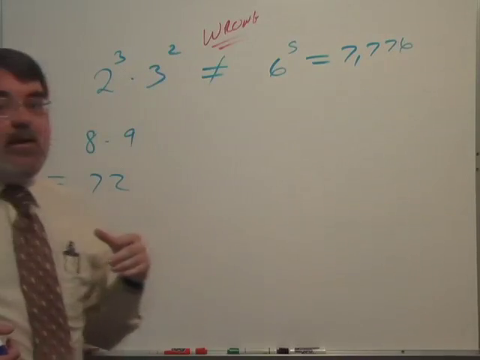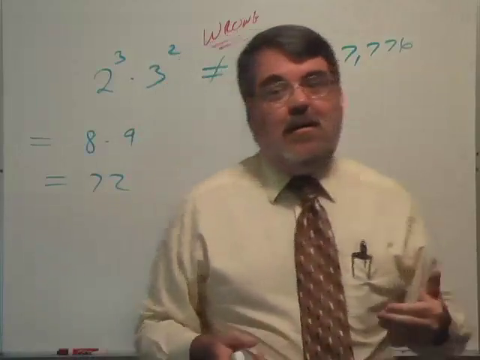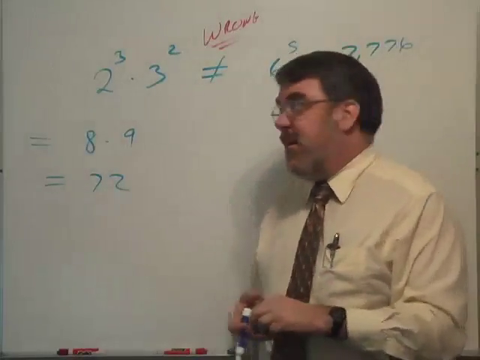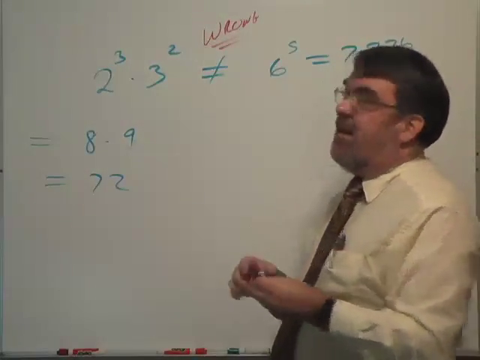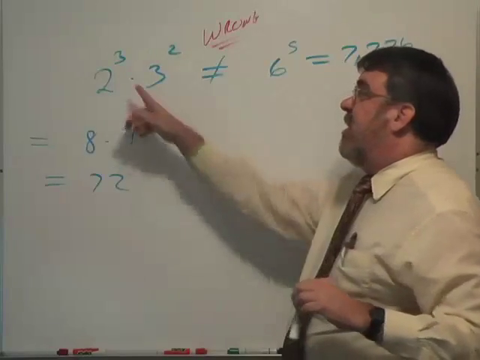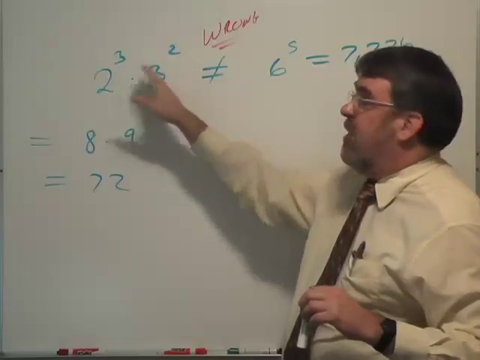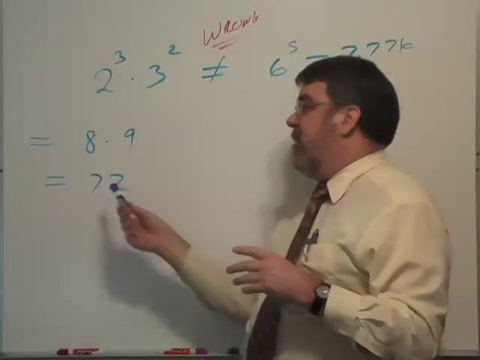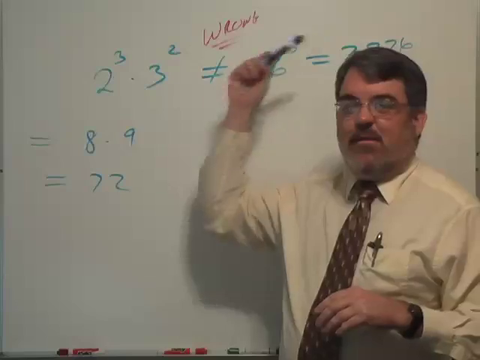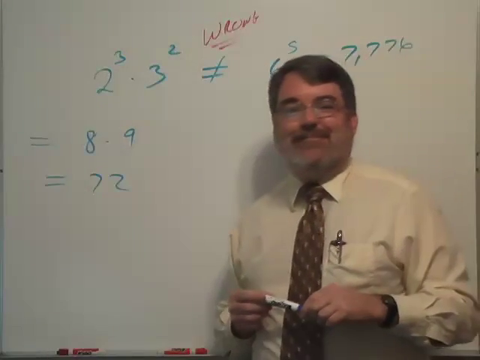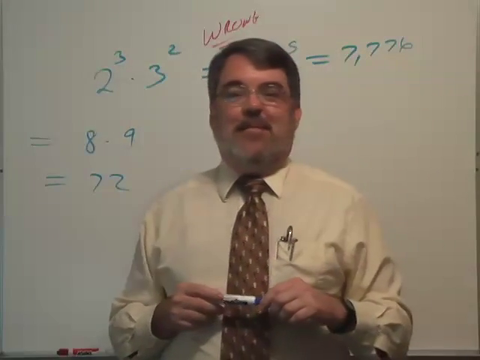The order of operations, which is how we define our operational language in algebra, and that is a rule, does say that we're supposed to do the exponents first and then multiply. So that's another reason why that's only 72 instead of this monster number here. Okay, well, that's enough for now.